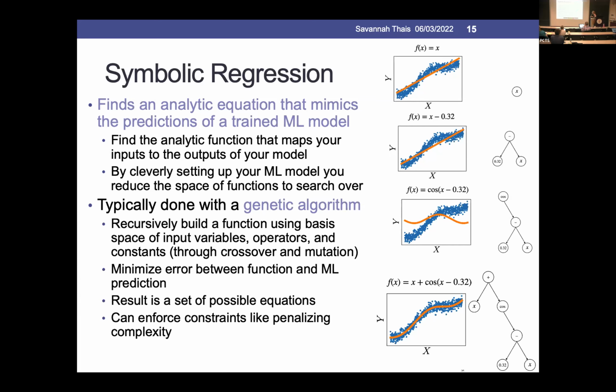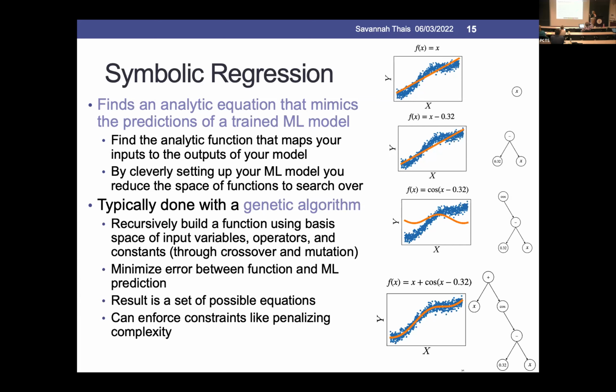But typically it's done with some kind of genetic algorithm where you recursively build up a function from some basis space of input variables, mathematical operators, and constants. And basically you try to minimize, again, the error between your analytic function and your machine learning model prediction.